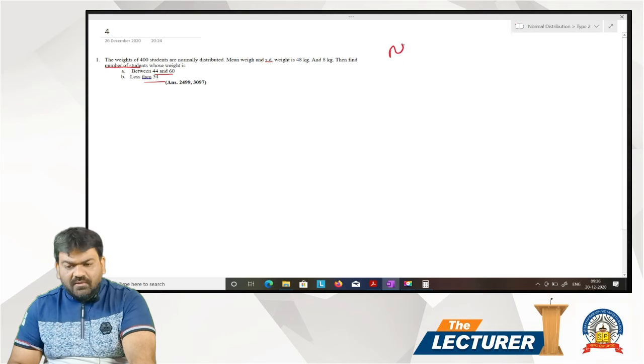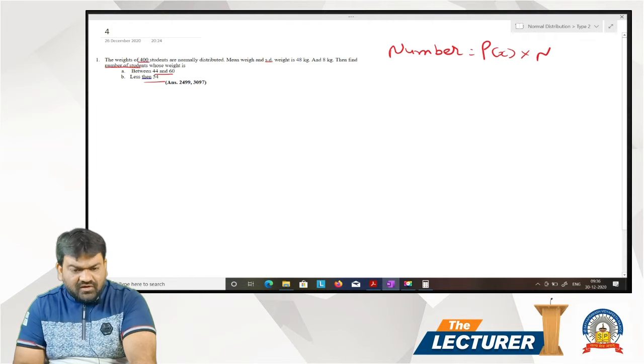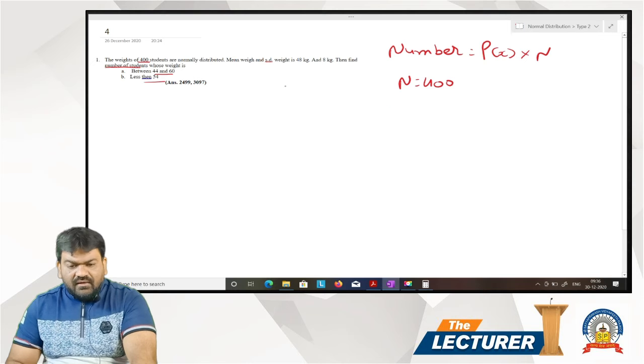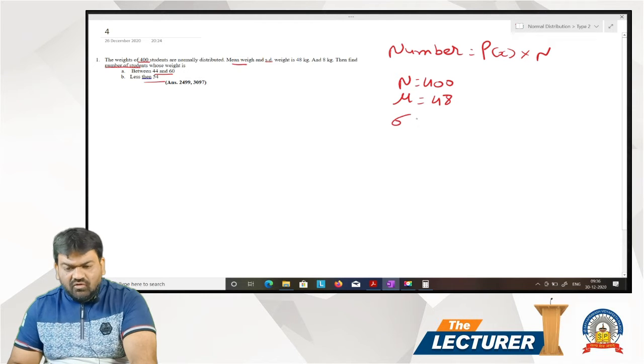So first of all, number is equal to probability multiplied by capital N. Capital N means how many students there are in total. There are 400 students, so N is equal to 400. Mean weight, that is mu, is equal to 48 kg. Standard deviation, that is small sigma, is equal to 8 kg.